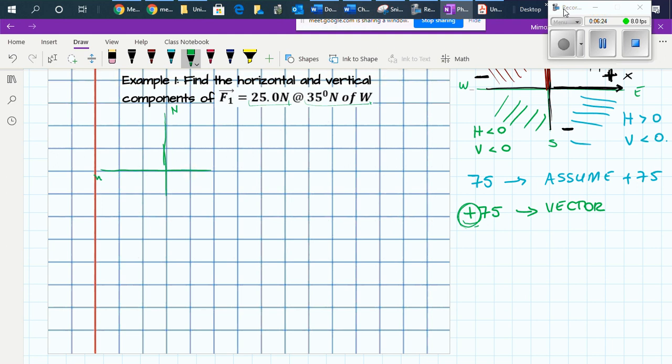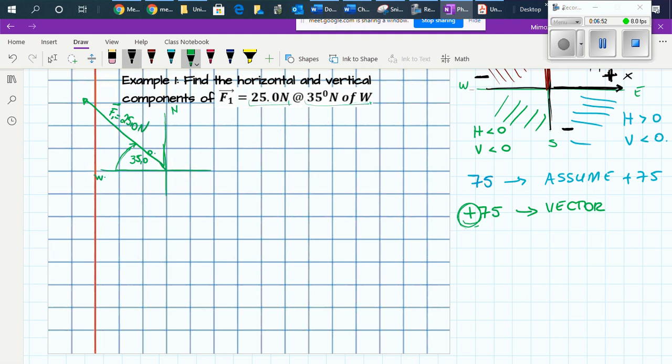We start from west and go up at 35 degrees. So this angle here is 35 degrees, and it has a magnitude of 25. So this is vector F1, that is 25 newtons, and this angle here is 35 degrees.